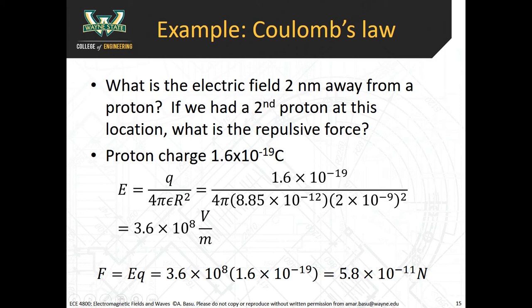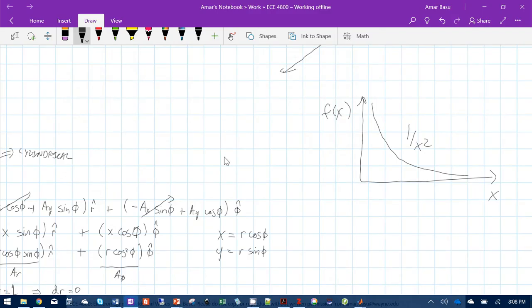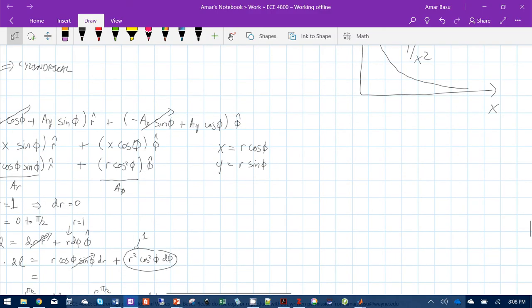Now the second part of the question, if you had a second proton at this location, then what is the repulsive force on it? Let me just draw it. A proton at the origin, then you have a second proton 2 nanometers away.